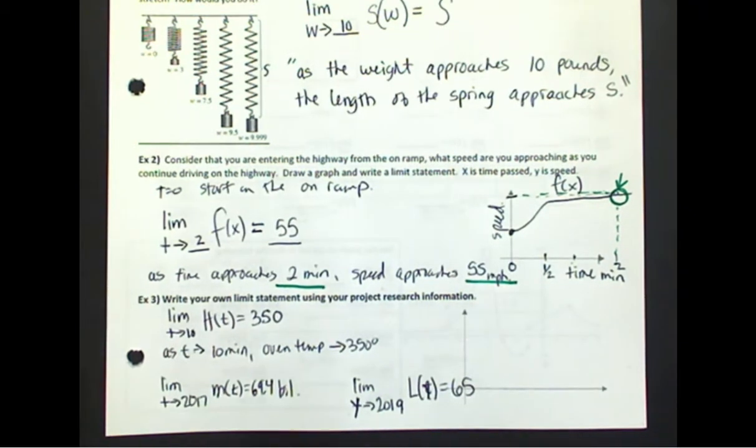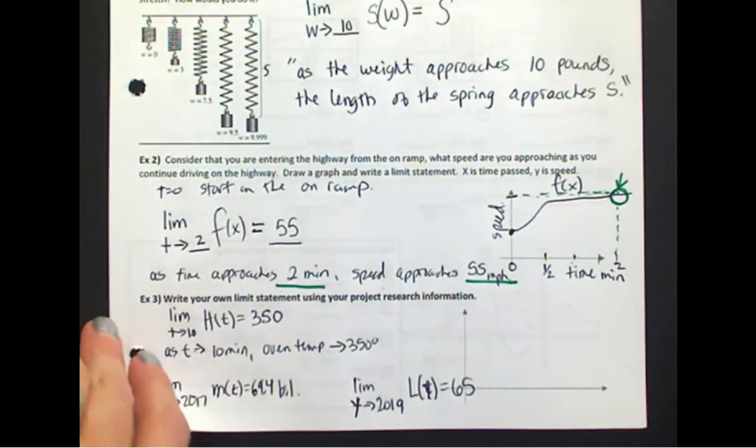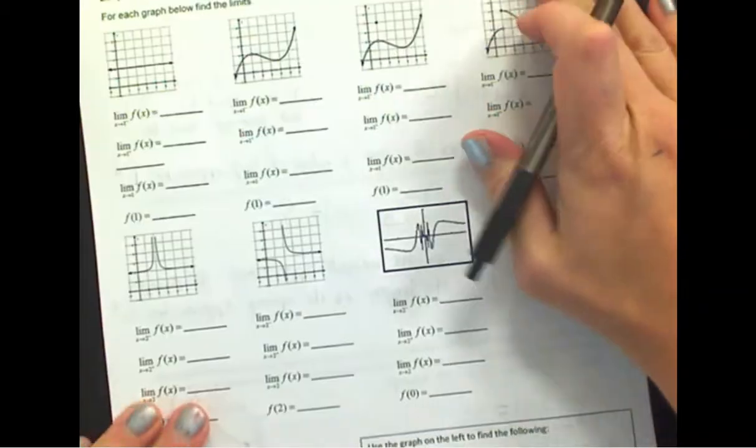Yes, very nice. Come choose. Okay, so your limit statements can represent real situations. Think of part 3 of your project might be to evaluate and explain certain limit statements that are connected to the data.